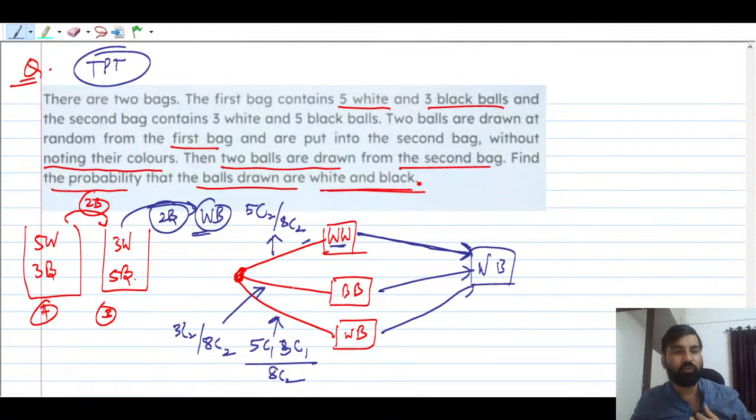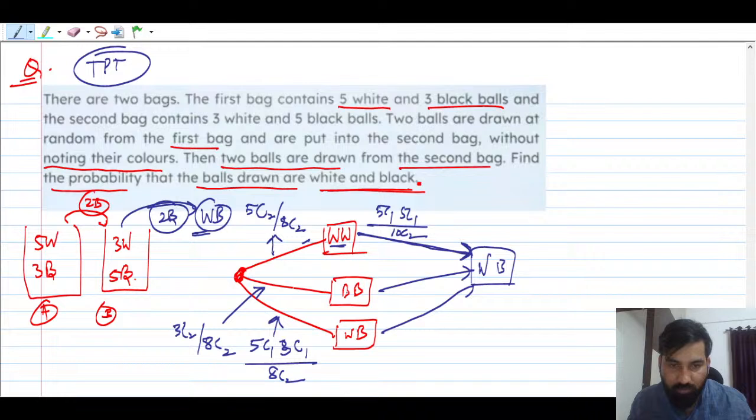There are 5 white balls and 5 black balls already there. So one black, one white: 5C1 and 5C1 upon 10C2, because box B is going to get updated after transferring 2 white balls into box B.